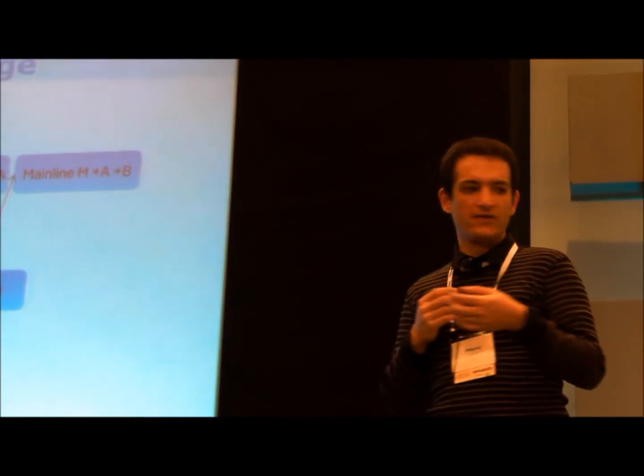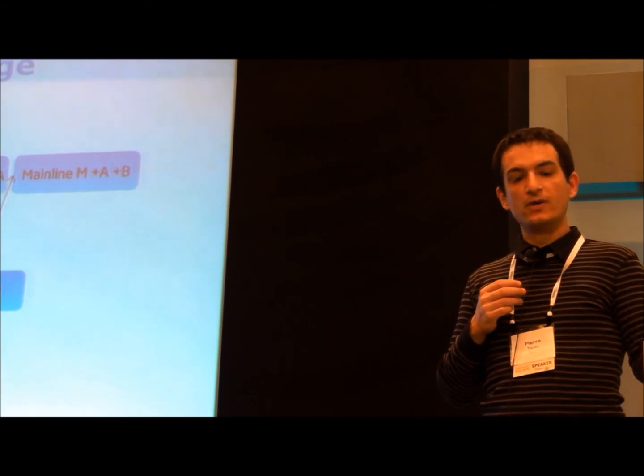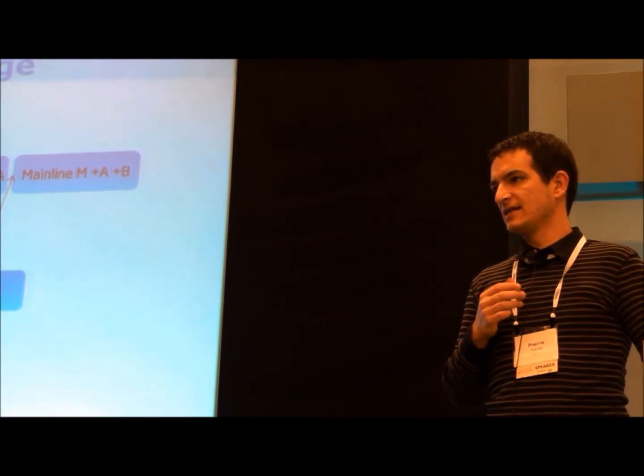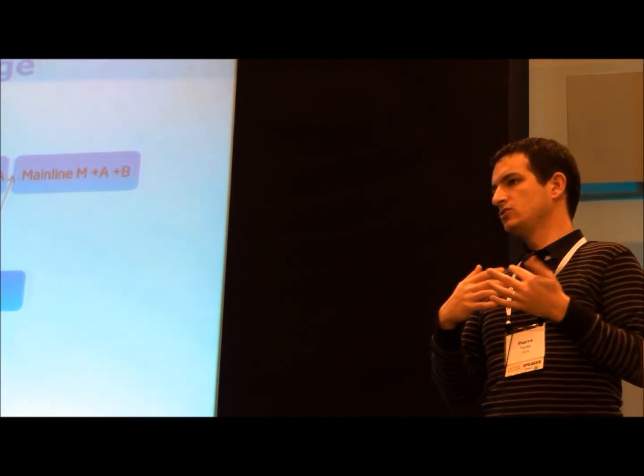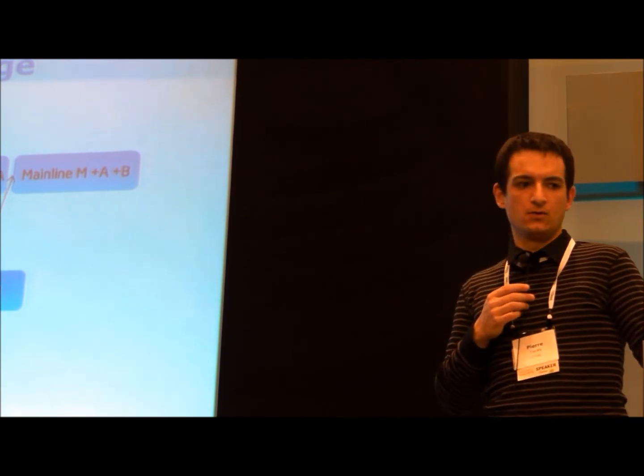And you may bother your developers with an unstable mainline. So we really, really want to have a stable mainline. That's why we take the time to redo the build, and we take the time to redo the tests. Okay.